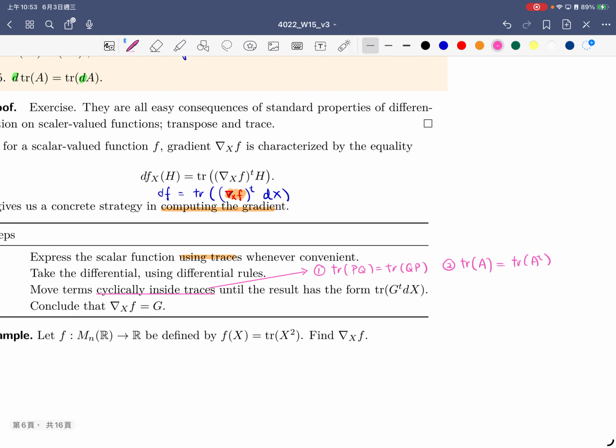But the point is, then you try to rearrange whatever you get after doing differentiation, to write your result in the form trace of G transpose dx. In the form of trace of some matrix times dx. Then what is the gradient? The gradient is not G transpose, but its transpose, so G itself. So this is the gradient.